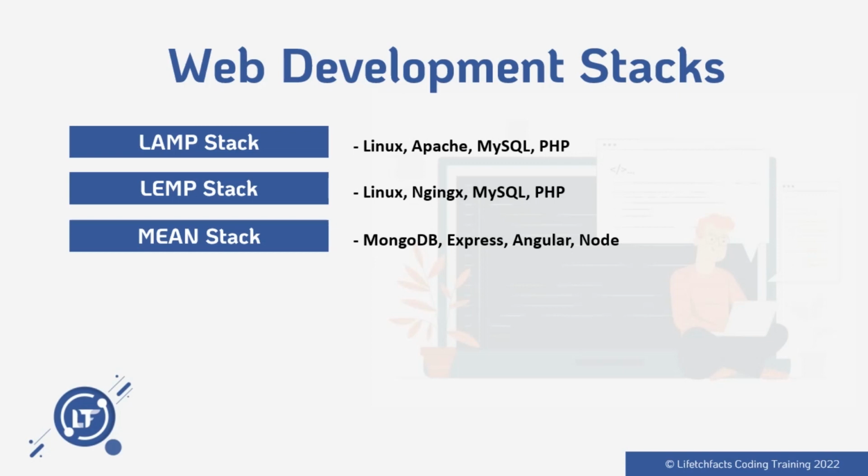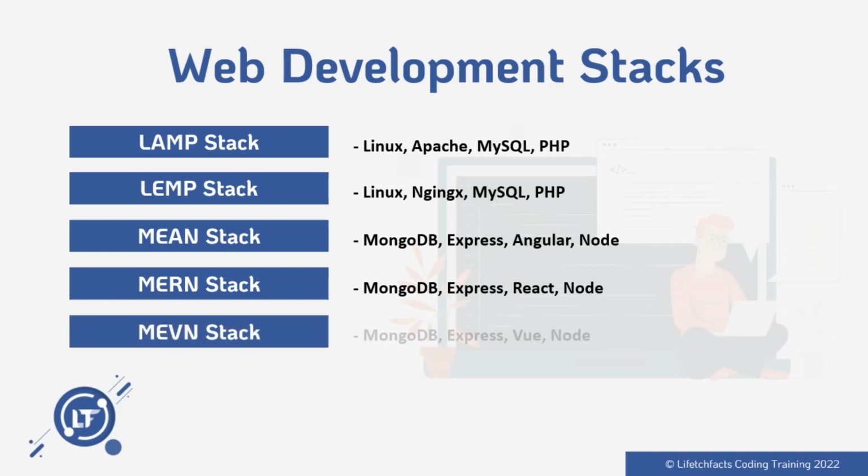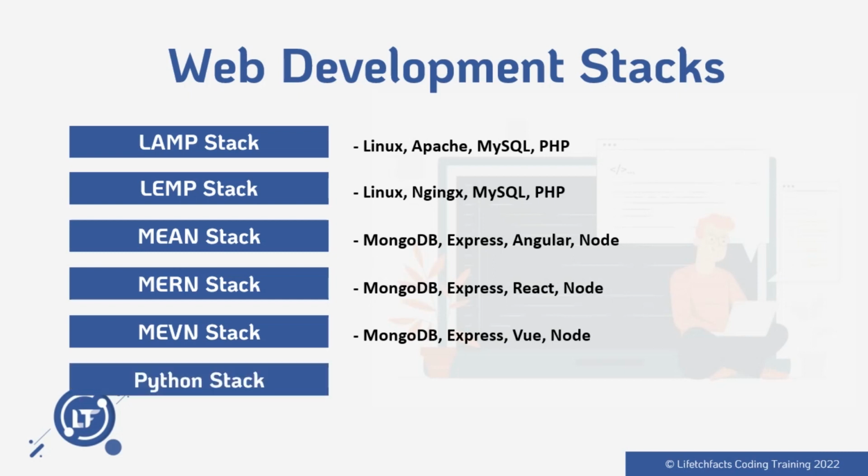Okay, we have the MERN stack, which makes use of MongoDB, Express, React, and Node. We have the MEVN stack, which makes use of MongoDB, Express, Vue, and then Node.js. And then we have the Python stack. Now, we can make use of either Django or Flask or any other Python framework and any related technologies that can work with it.